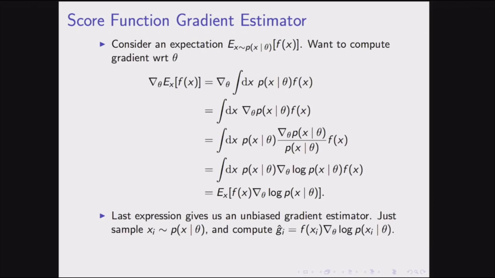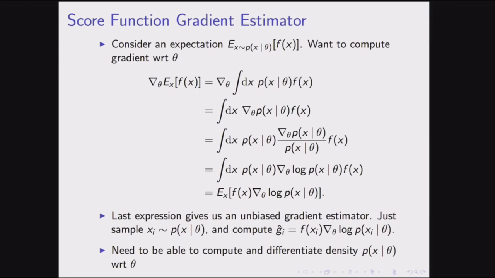The way you can compute this estimator, meaning the way you can get a noisy estimate of the gradient of the expectation, is you just get one sample from this distribution, and then you multiply f of x times grad log probability.